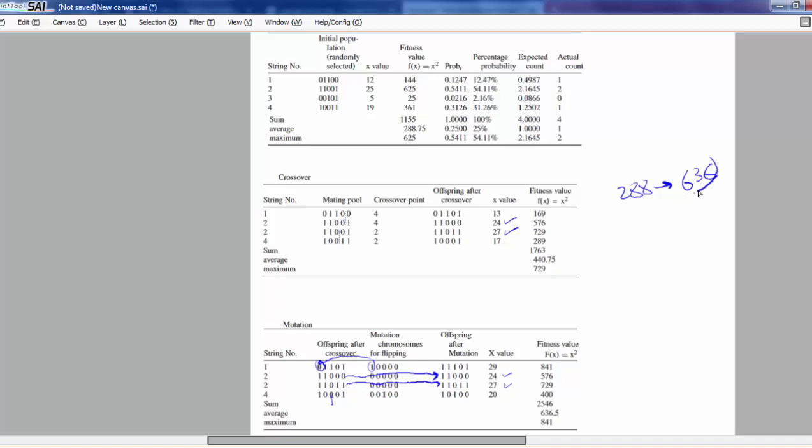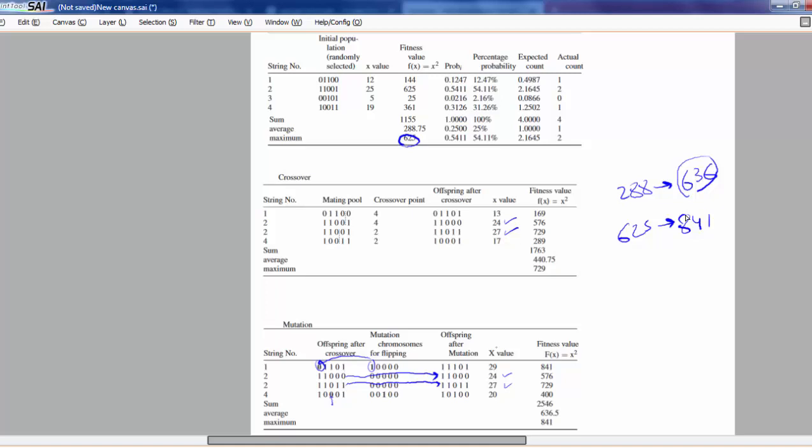So the average fitness has improved, and the maximum value has improved from 625 to 841 during the same period, which is the first generation of the genetic algorithm. So the improvement of this algorithm can be seen successively. This is only the first generation. I hope the idea is very clear now.